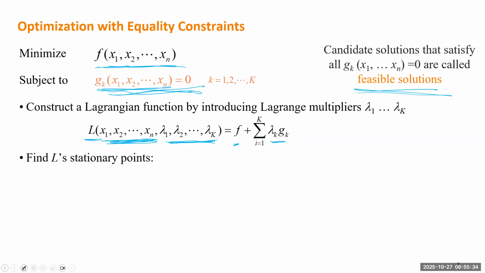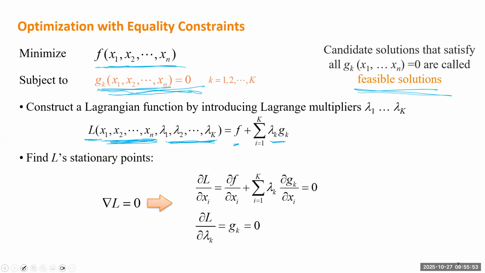So let's try finding the stationary points of this Lagrangian function, the new cost function L. Stationary points have the gradient vector equal to 0. Now the gradient vector is not about the original cost, it's about this new function L. Because it has two types of variables, there will be two types of gradient elements. The first type is simply partial L over partial X, for any variable X. Because this is a linear combination, we'll have two items.